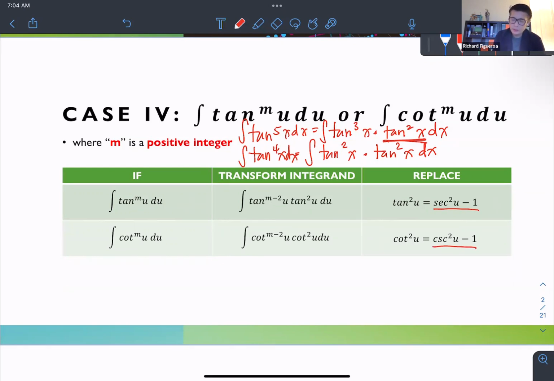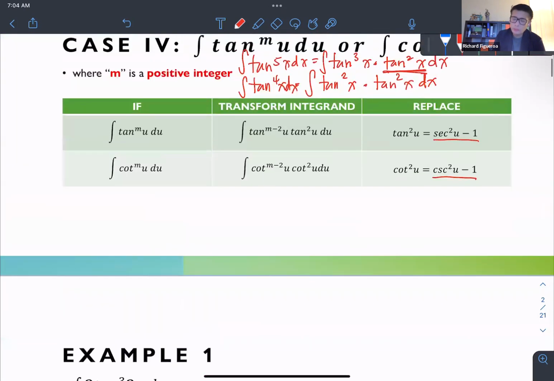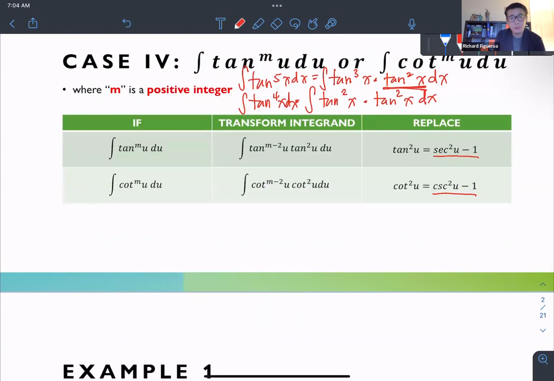We transform it to secant squared u minus 1 because remember, in integrals of basic trigo functions, we have the integral of secant squared u du. We have a direct integral of secant squared u du.